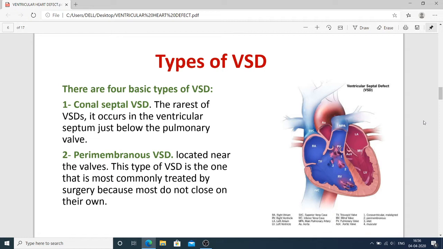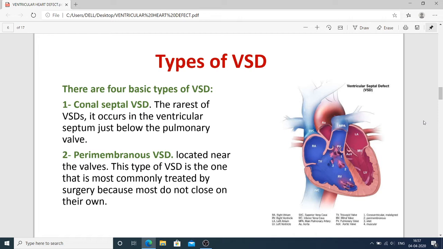It is the rarest VSD, meaning very few children are born with conal septal defect. It occurs in the ventricular septum just below the pulmonary valve. Then the perimembranous VSD, where you can see number 2 located near the valve.